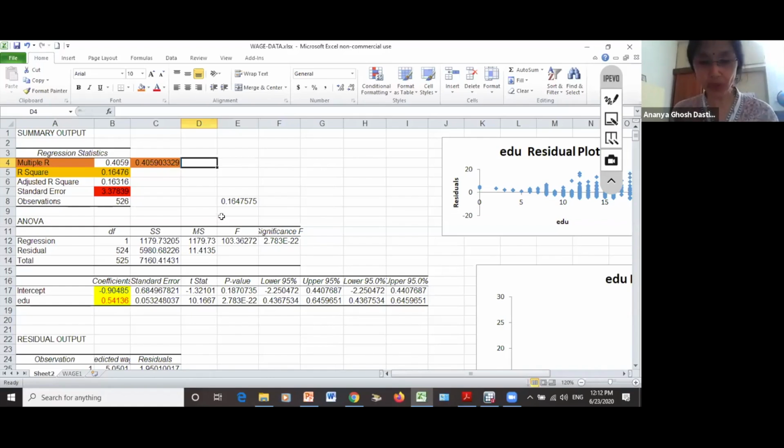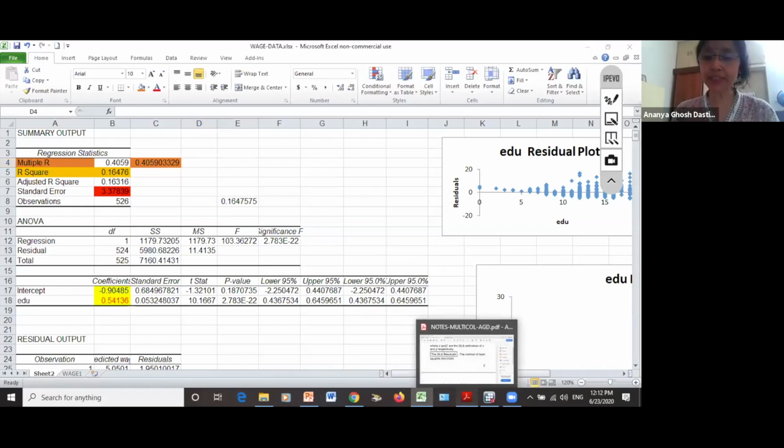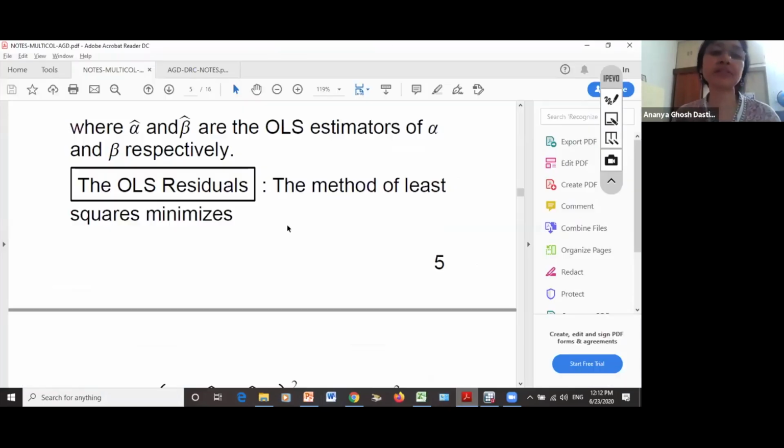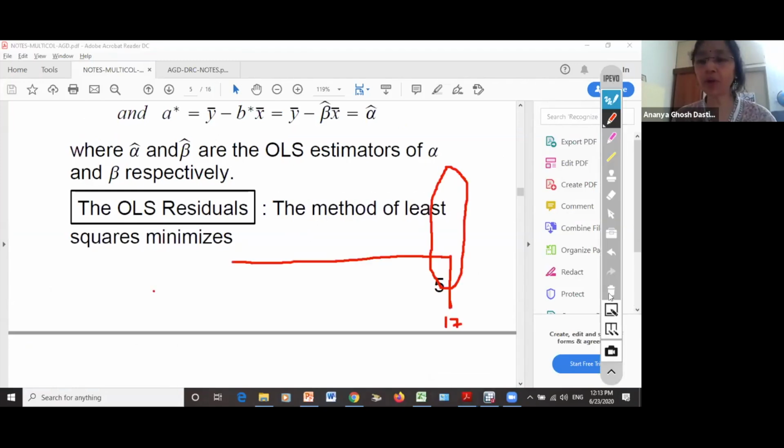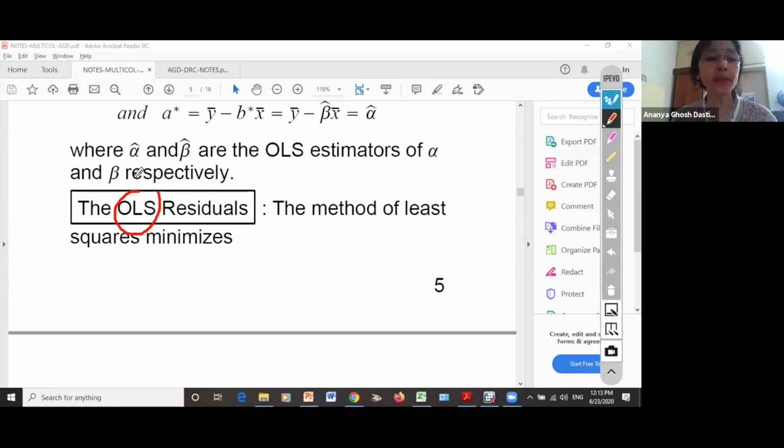So let me talk about the statistical properties of the OLS estimators. I will just put this on my screen. I'll just run you through my notes. Remember, we are fitting a straight line using the method of ordinary least squares, and the method of ordinary least squares actually minimizes the squared values of your residuals.